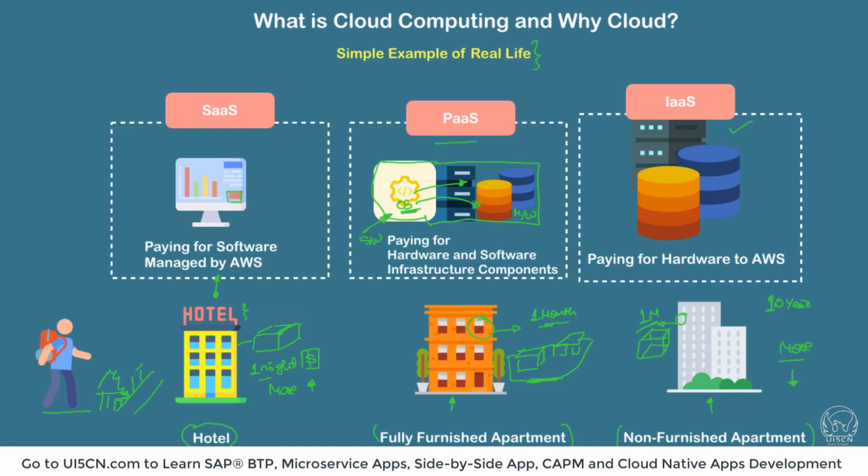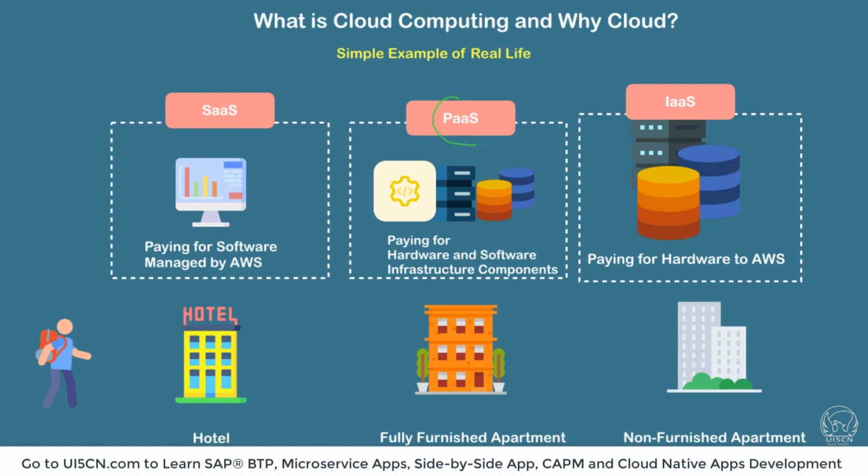So different service models exist for pricing, but I'm just talking here in generic terms. Now, I hope that this simple real life correlation might help you to get a better understanding of the difference between your SaaS solution versus your PaaS solution, and your PaaS solution versus your infrastructure as a service solution, because our focus here is on the PaaS solution.